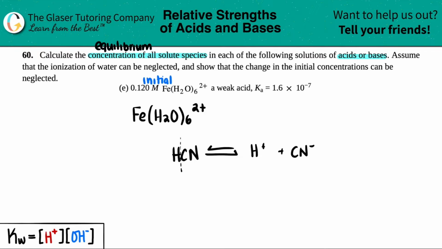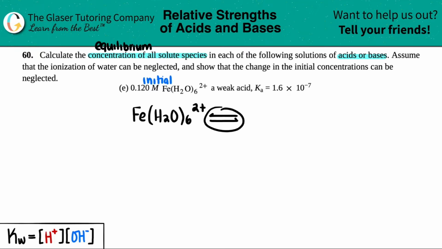But here it's a little bit hard because I have these hydrogens attached to the waters. But if we think about it, I know that this is a weak acid. They told me that, so it's going to be dissociated into equilibrium.